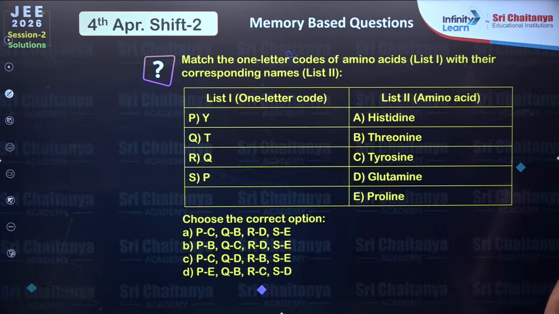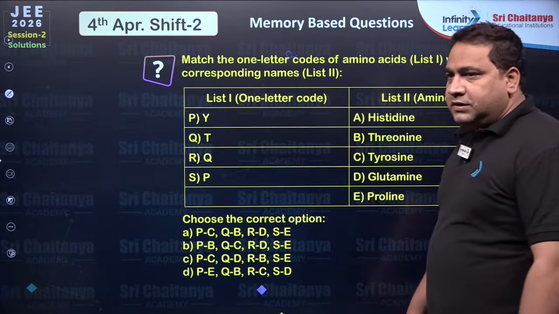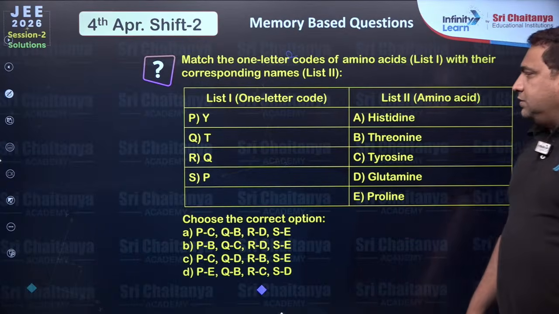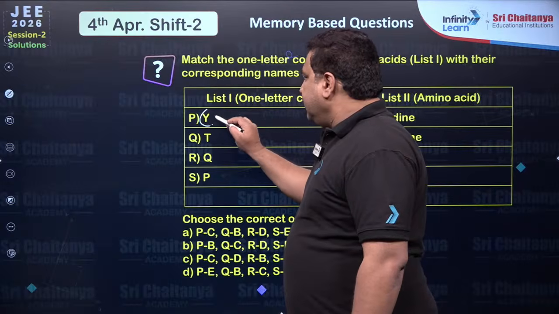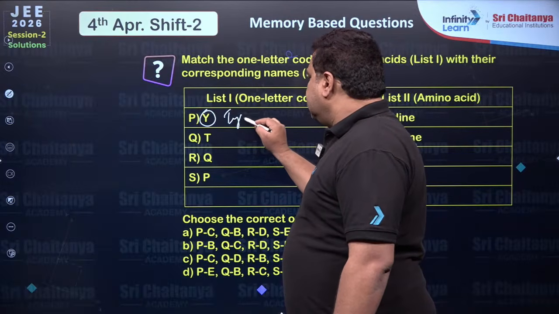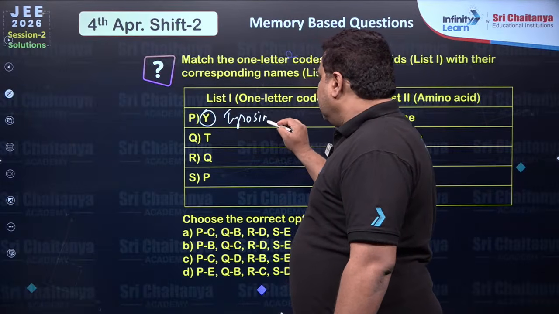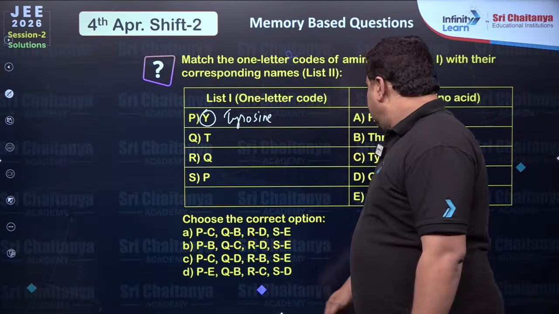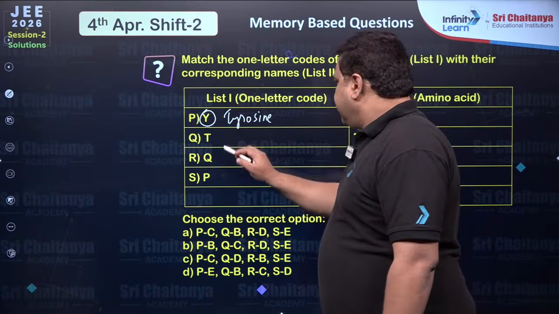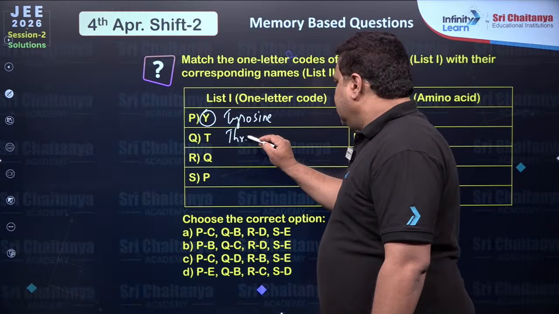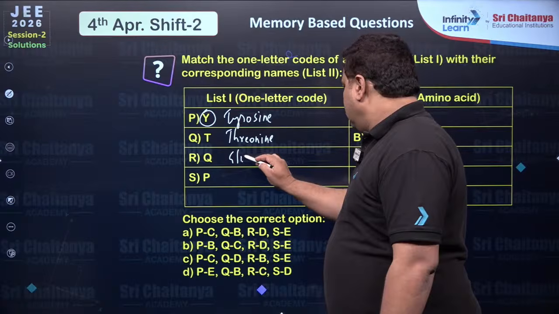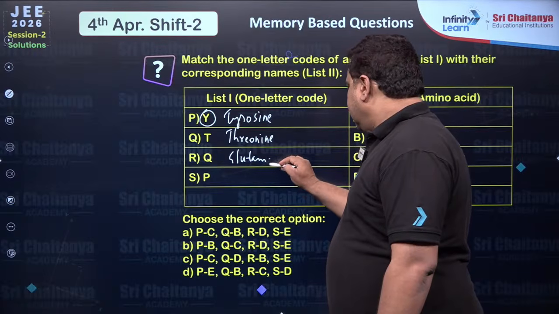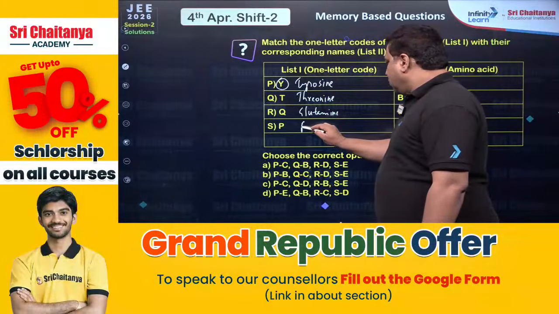I don't know, was this question there, Srinivas? Tyrosine, T. Glutamine, Q. P for proline.